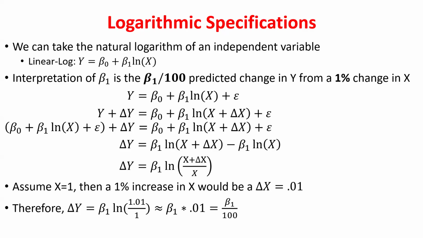So now the interpretation of beta 1 is a little bit more complicated, because it's not just beta 1 is the change in y. If I have a linear log model, it's beta 1 over 100 is the change we expect in y. And it's no longer a 1 unit increase in our x variable. Because we've taken that natural log, the changes in x now represent 1% changes.